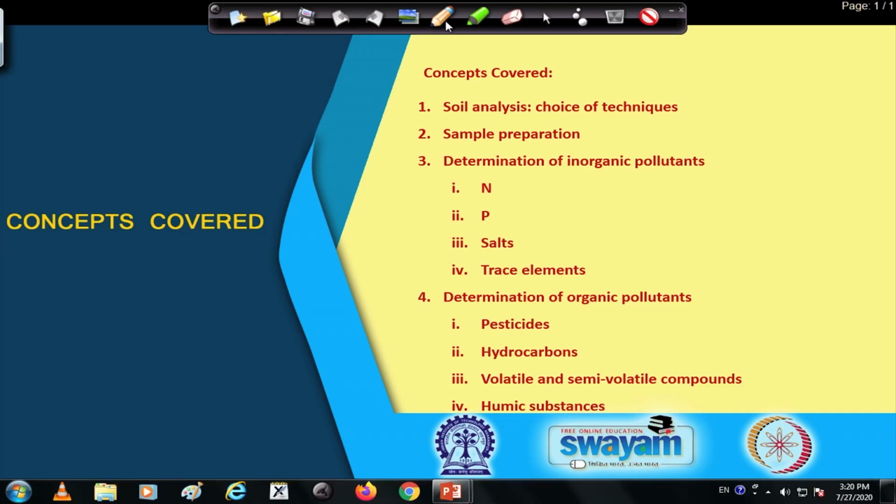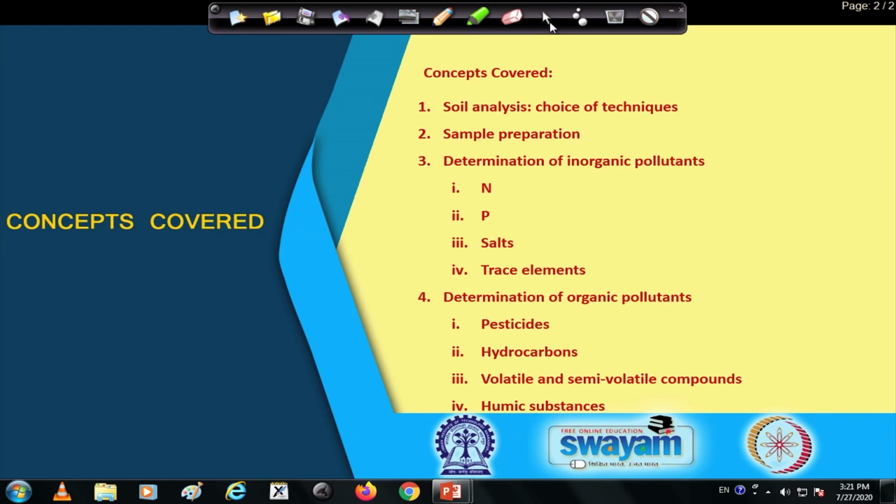We started with the choice of techniques for soil analysis and why soil analysis is important, and then we talked about sample preparation, and then we started with the determination of inorganic pollutants. We started with nitrogen, and we will try to finish nitrogen today, and then we will start from phosphorus and salts and so on.